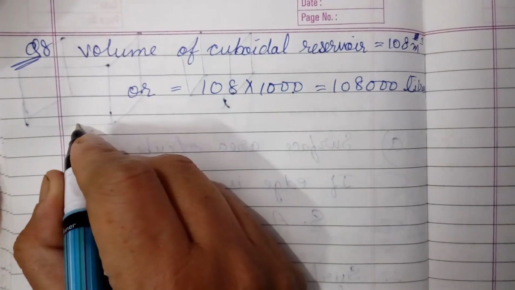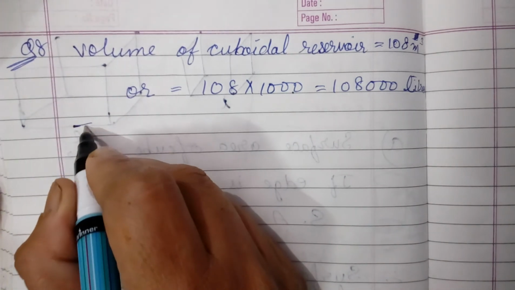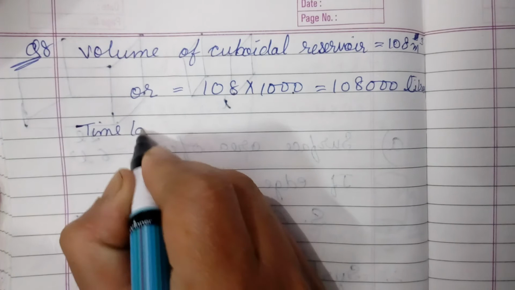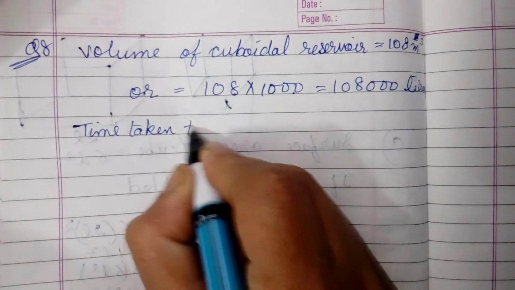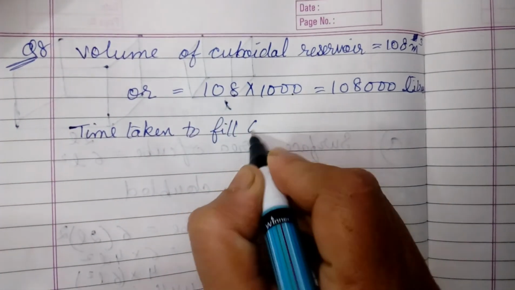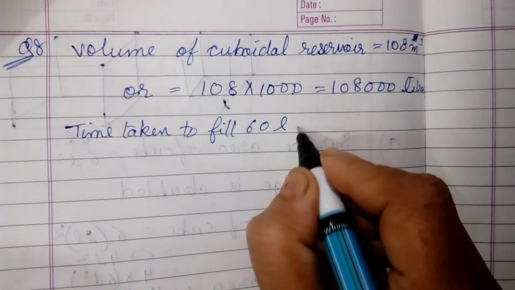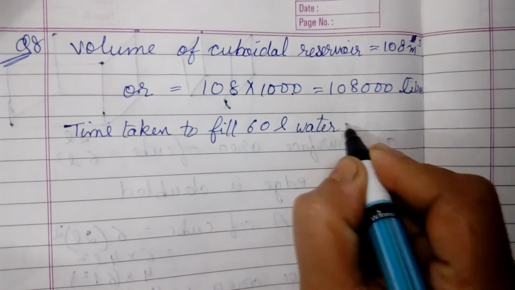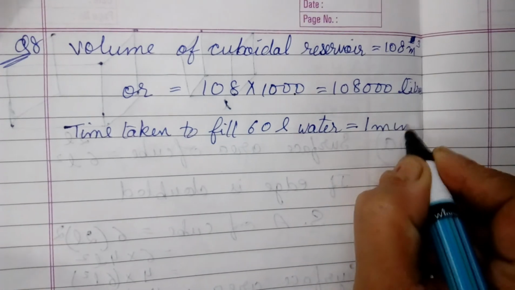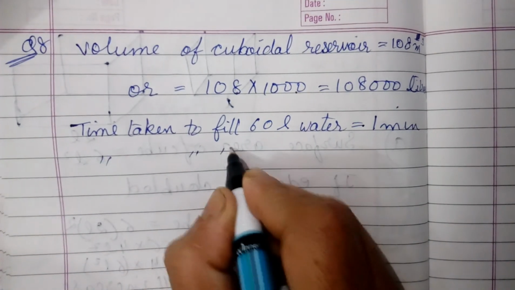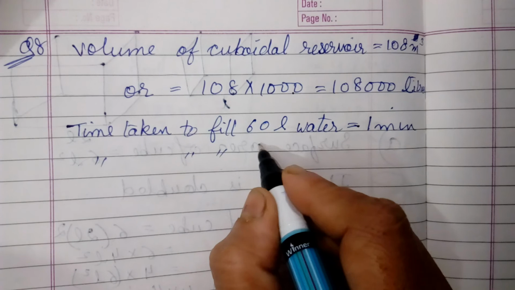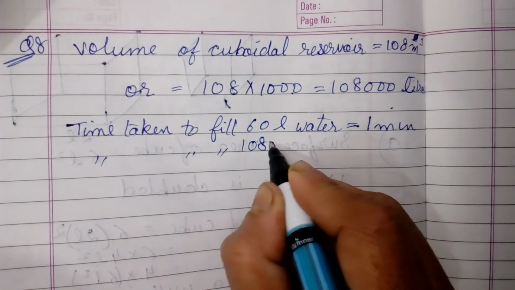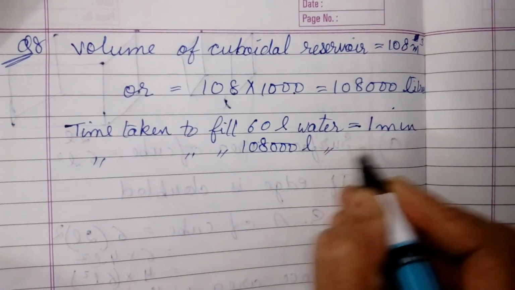Now how much time we have to find out? Time taken to fill 60 liter water, how much time is required? They have given 1 minute. So time taken to fill, our tank is of capacity 108,000 liter water.